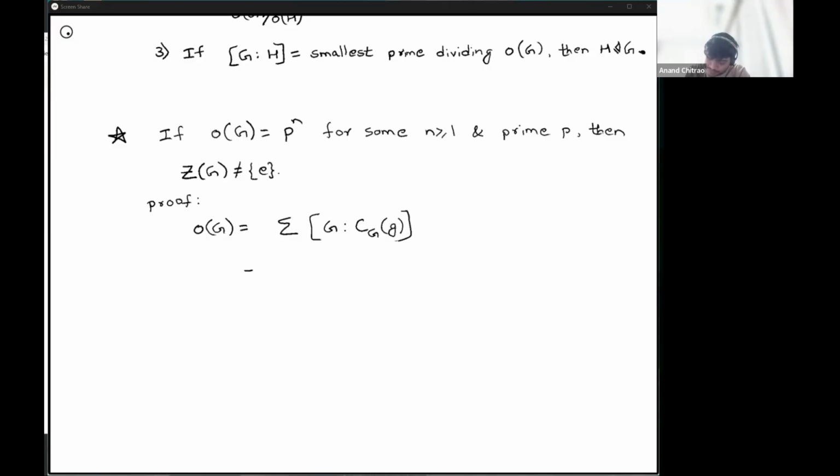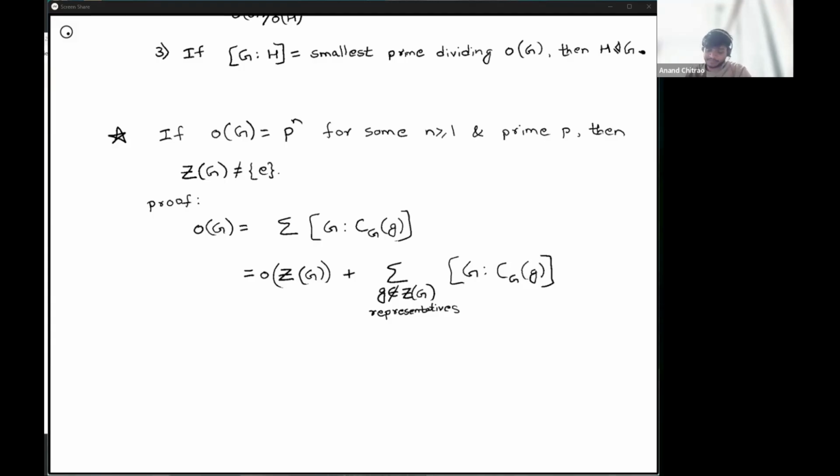So you can break this into two sums: order of ZG, and the summation over representatives g not belonging to the center of G colon Cg of g, right?